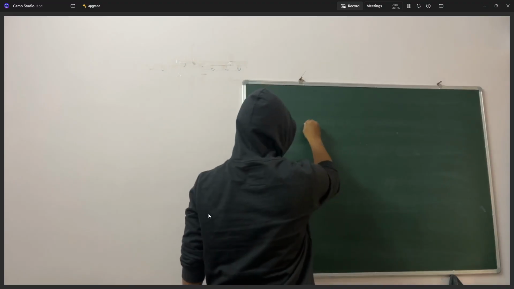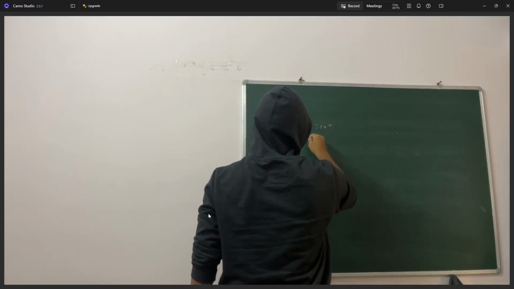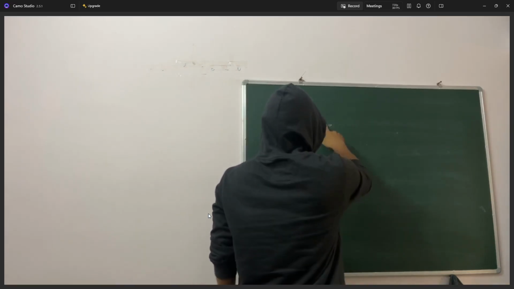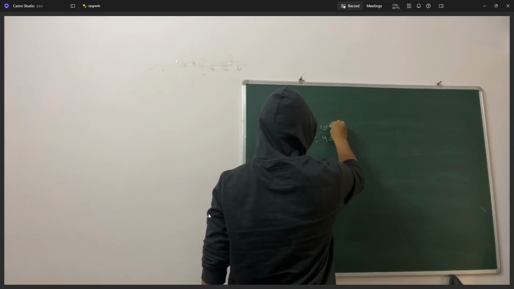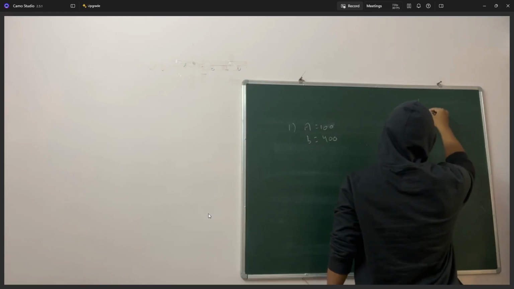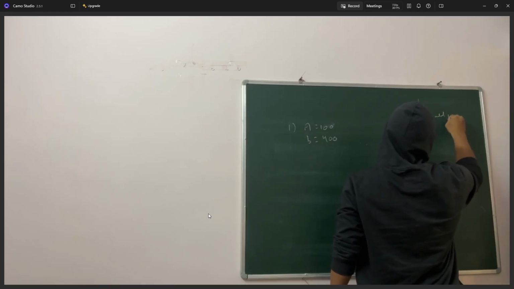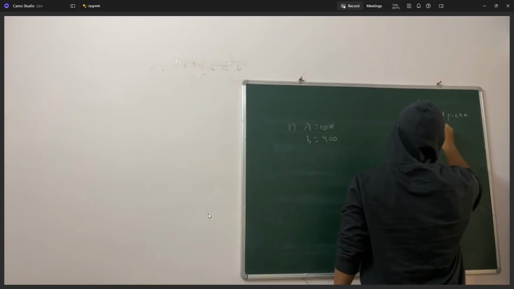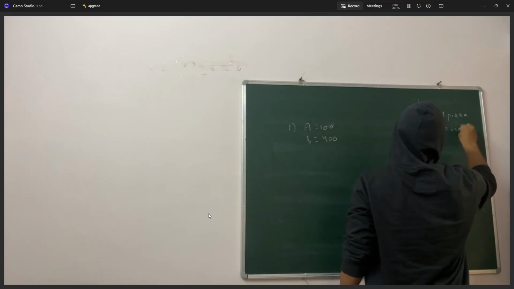In the first test case, a is 100 and b is 400. Chef is making a small pizza of 10 inches, and it's a square pizza.